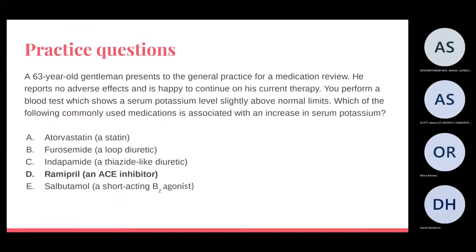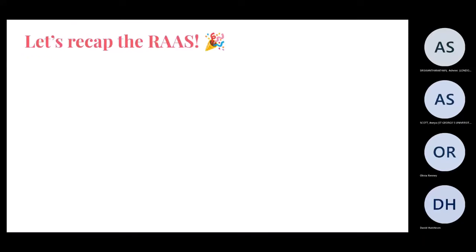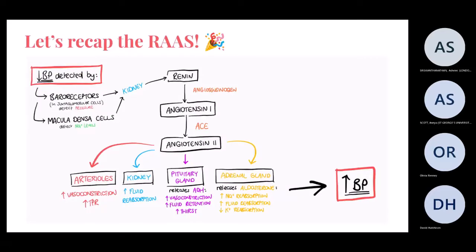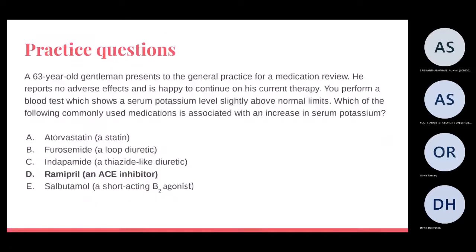This is because of the renin-angiotensin aldosterone system, which I'll come back to in just a second. But basically you can rule out a lot of other things. Atorvastatin doesn't have anything to do with this stuff. Furosemide is a diuretic.